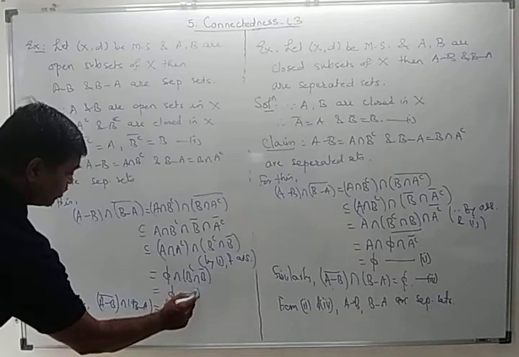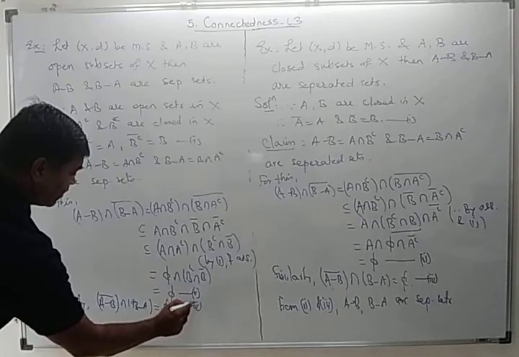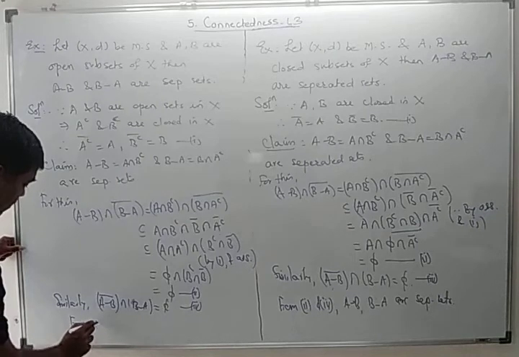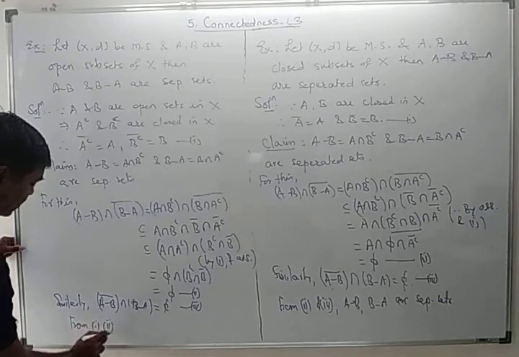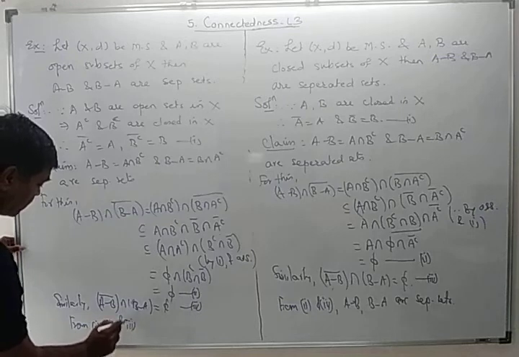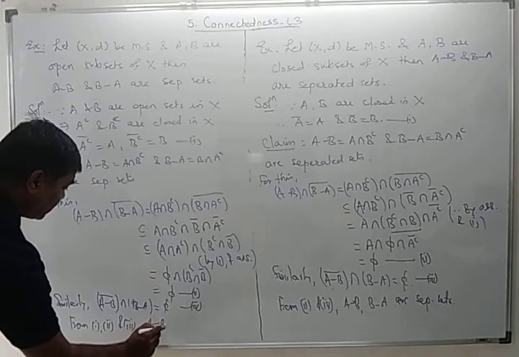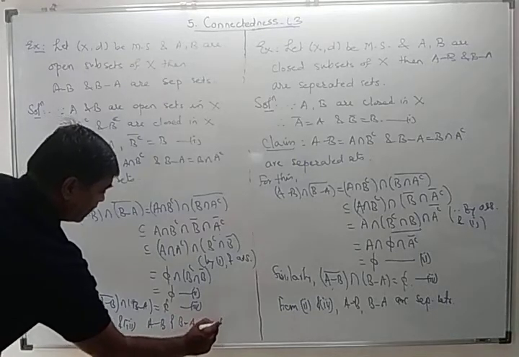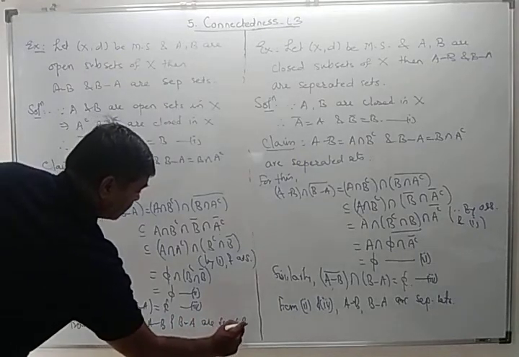So this is 2, this is 3. So from 1, 2 and 3, A minus B and B minus A are separated sets.